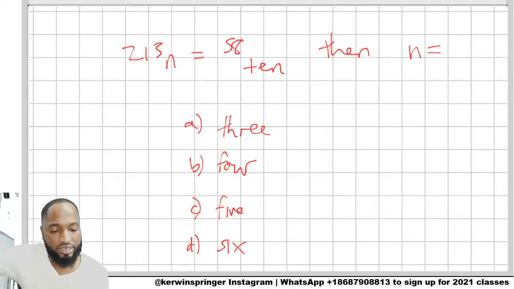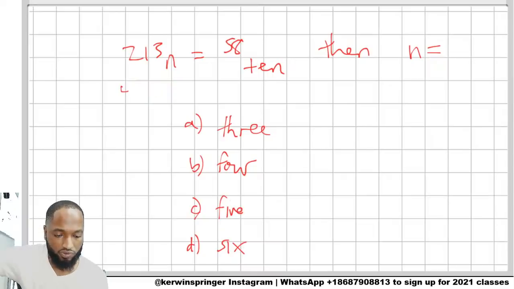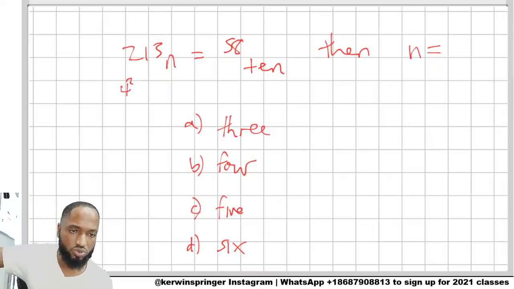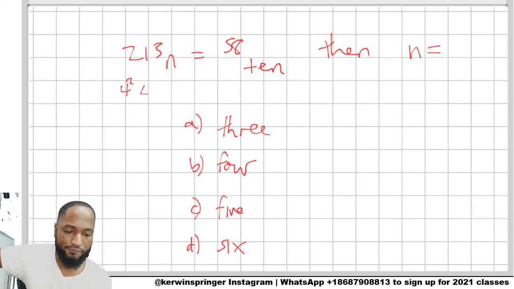So n is, because we're doing this now, 3 to the power of 0, 3 to the power of 1, 3 squared, 9 twos. Nah, let's go with the 4. 4 squared, 16 twos. Let me try 5. 5 squared, 25. Yeah, it's actually 5, I was wrong.